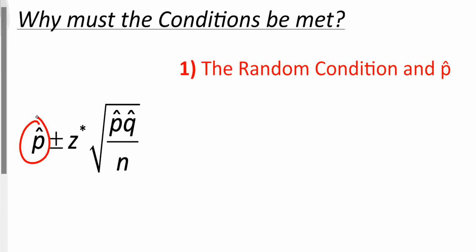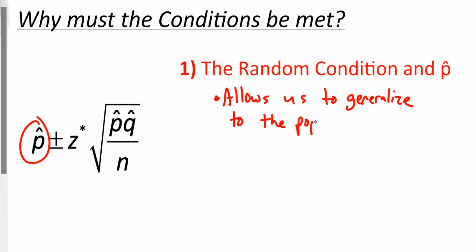Okay? Because if it's not random, then we can't actually generalize to the population. We can't use something that's going to generalize to the population. So this allows us to generalize. If you remember back to our unit on sampling, it allows us to generalize to the greater population. And we can actually estimate something.